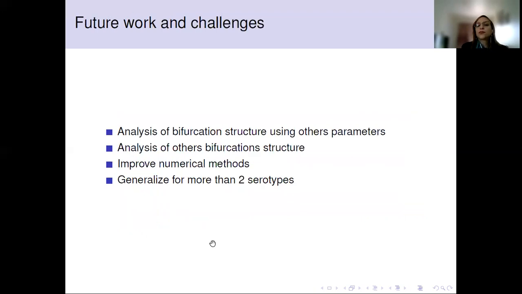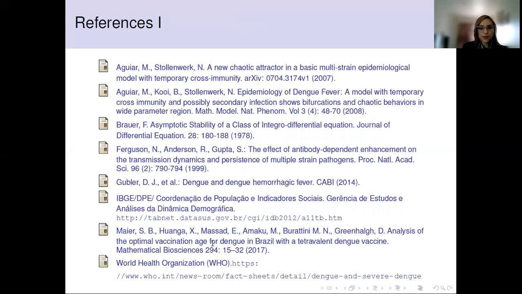We have work and challenges ahead: we still have to analyze other bifurcation structures. We also want to generalize for more than 2 serotypes. That's it. If you have questions.